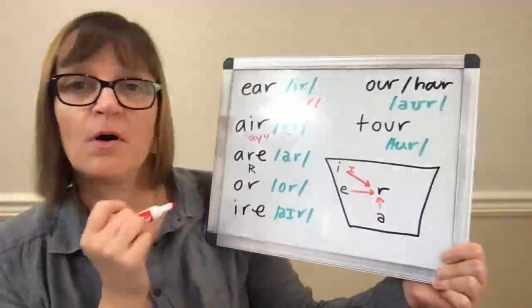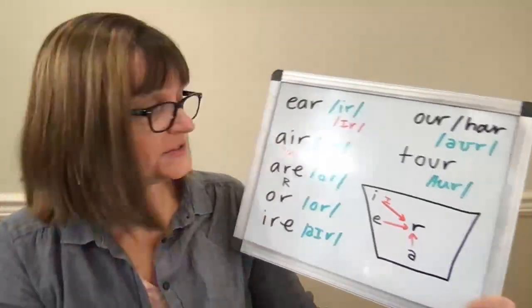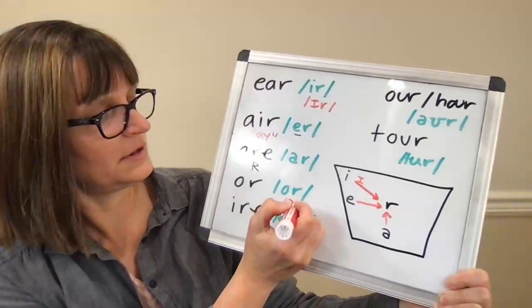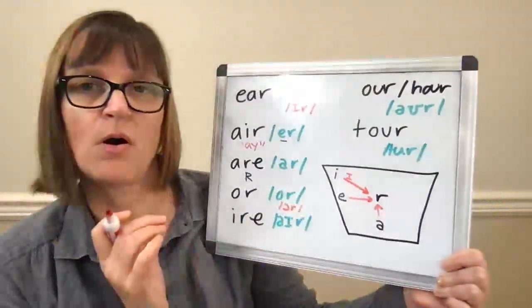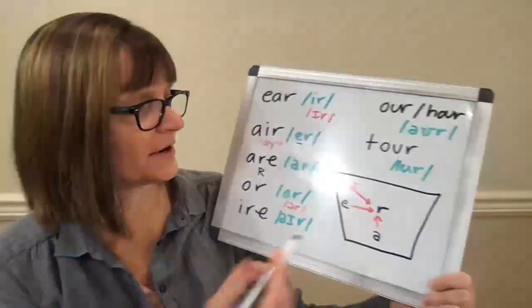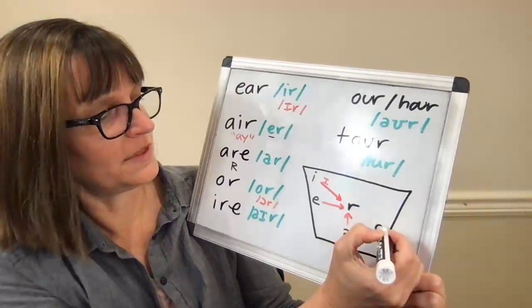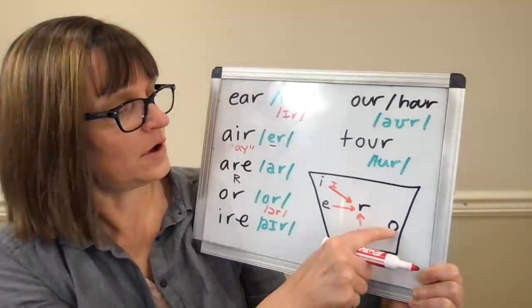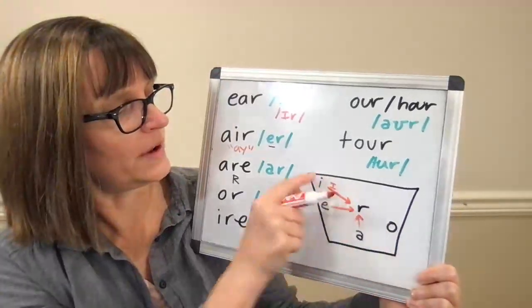When we're talking about or, you'll also see or sometimes written this way with the symbol and the R. That would be like R. But I think that we don't really do an ah in American English. So I'm going to go here with the O position, just like we have O and oi diphthongs.